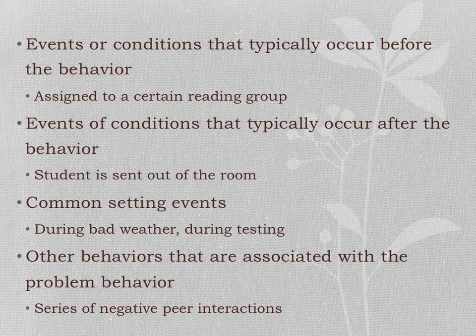Do we see patterns? We should also look at other behaviors that are associated with the problem behavior. Maybe there have been a series of negative peer interactions when the behaviors have occurred. So basically, in the second step, we are trying to look for patterns as to when behaviors are occurring or not occurring, whichever may be the case.